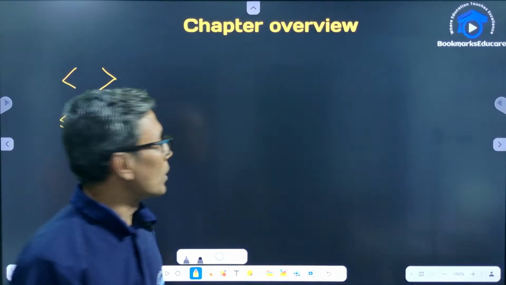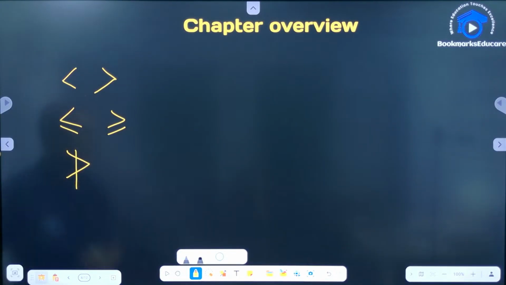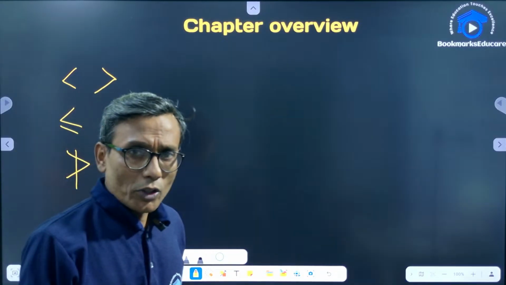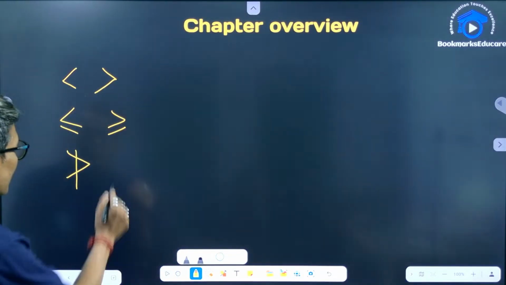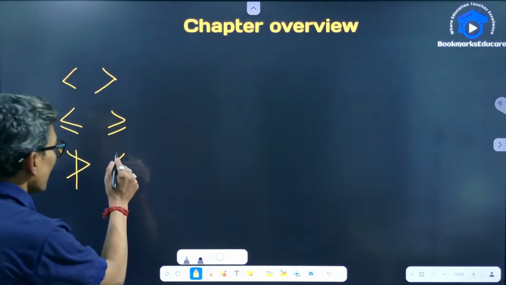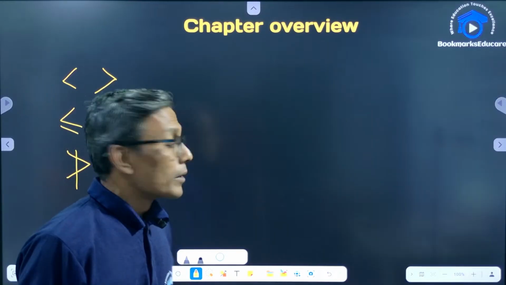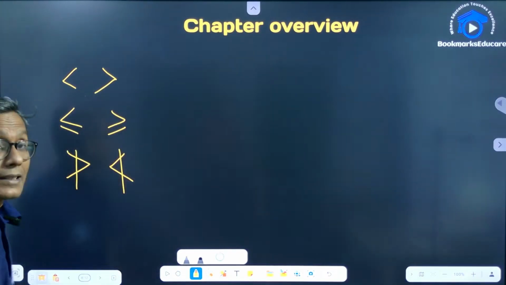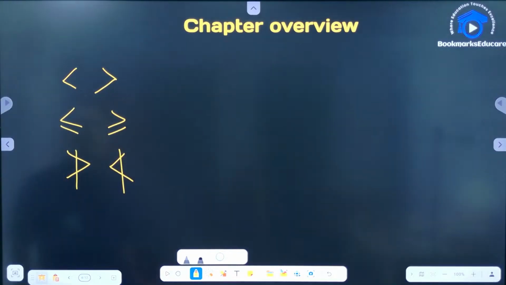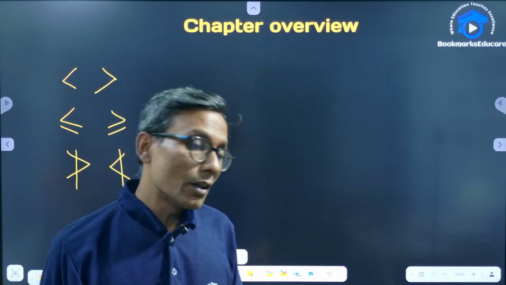This sign means is not greater than, and this sign means is not less than. So this is all about the signs of inequality or inequations.